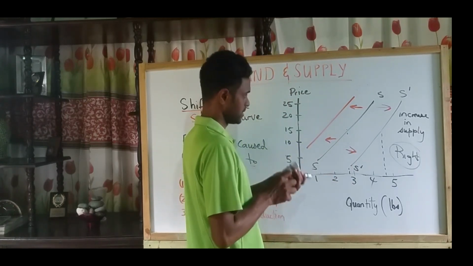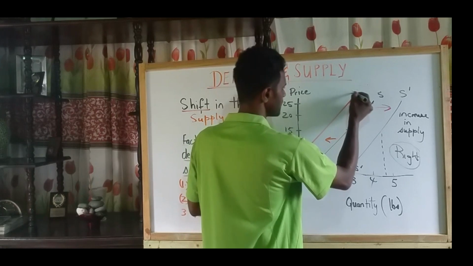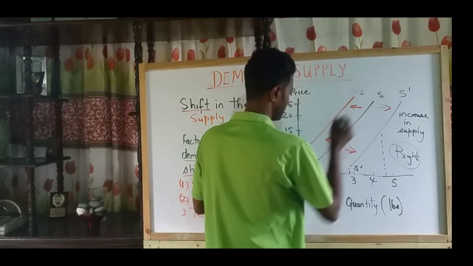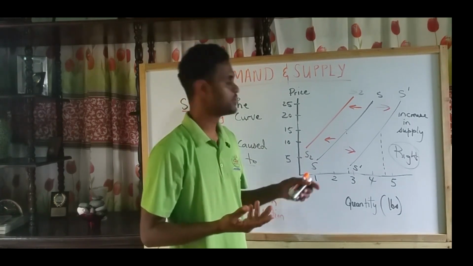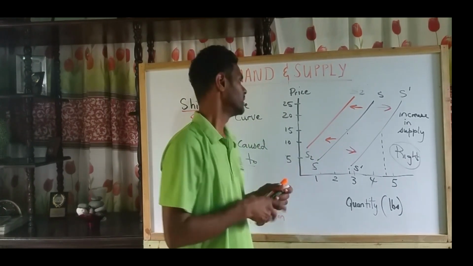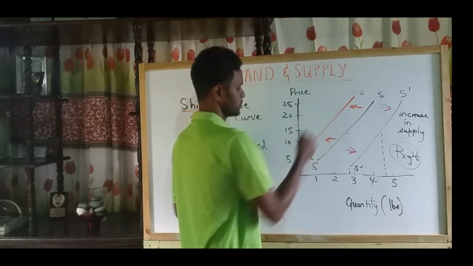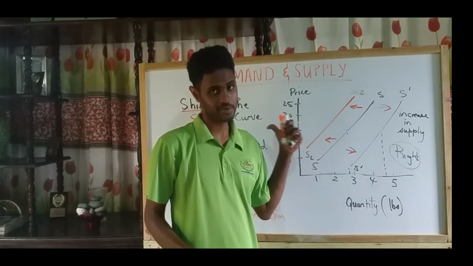So let's label it S2. As I said, if cost of inputs is high, then the curve will shift to the left, which is a decrease in supply of goods.